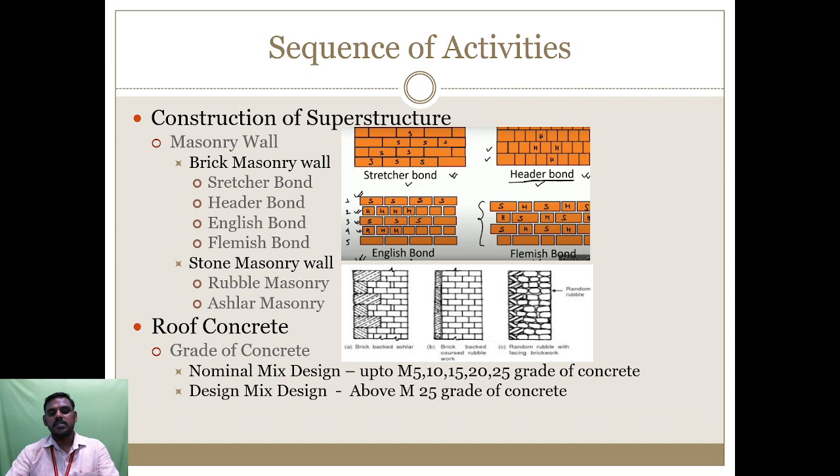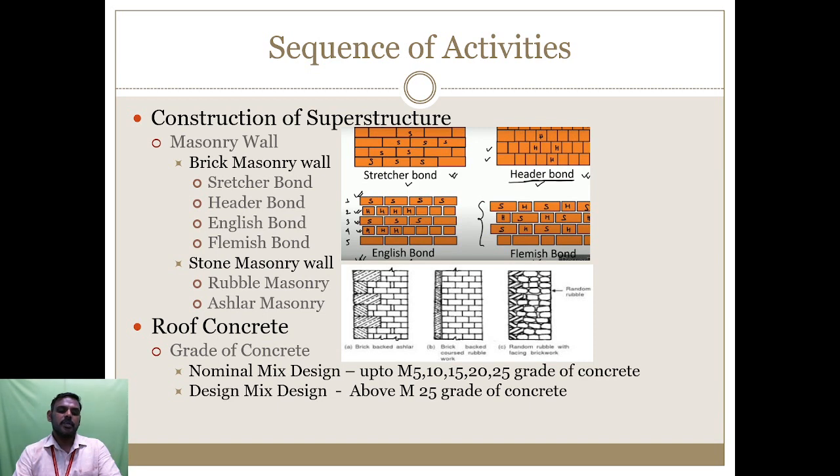In brick masonry there are four major types. Among them, English bond is preferred by masons because it can be worked very fast and it carries more load compared to other bonds.